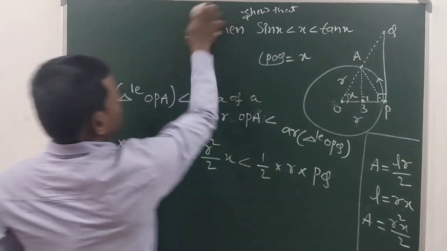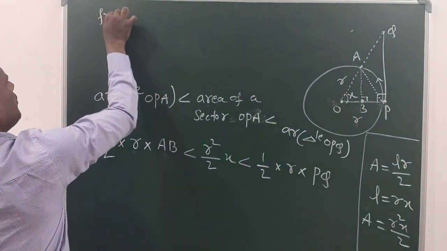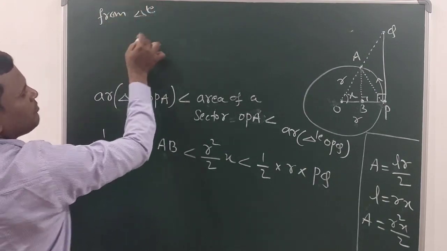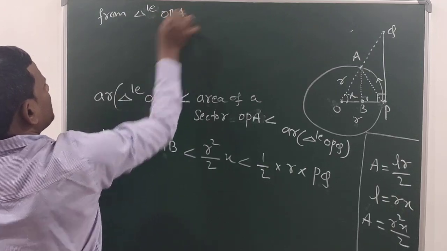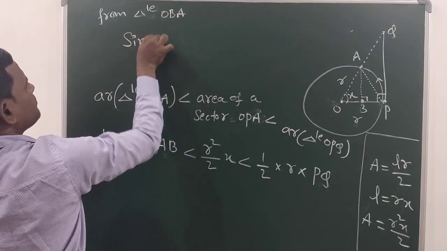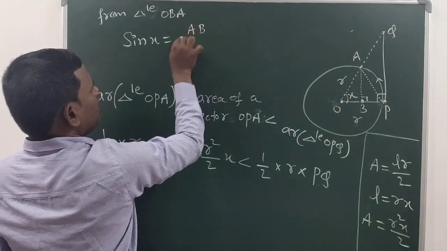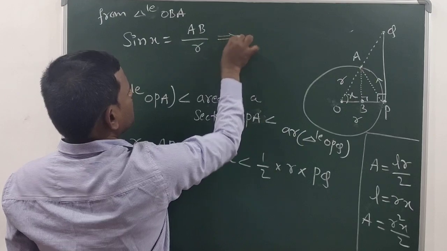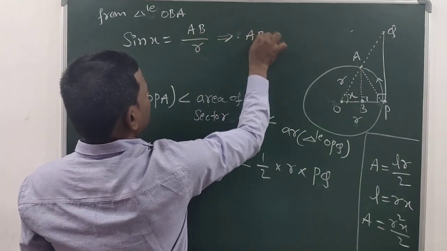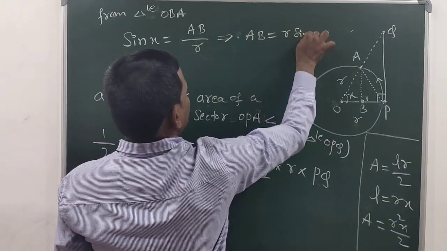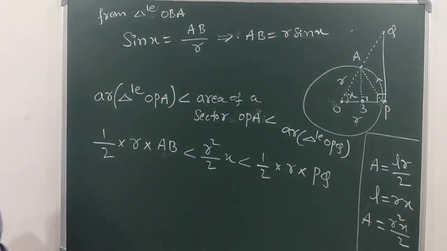OBA triangle. Right. Now from OBA triangle, define sin x. Now sin x equal to opposite AB by hypotenuse r, such that AB is equal to r sin x you will get. AB equal to how much? r sin x.